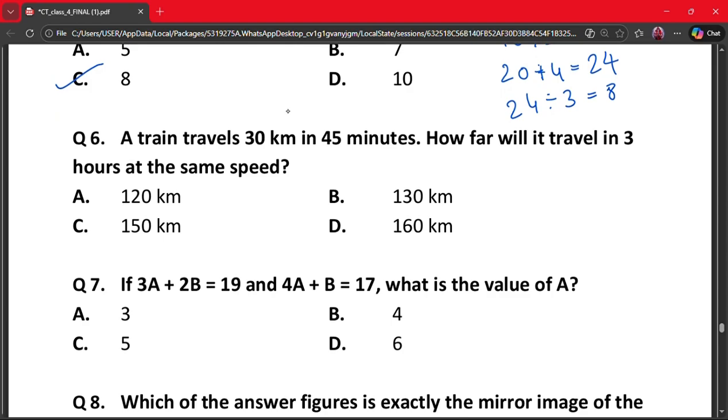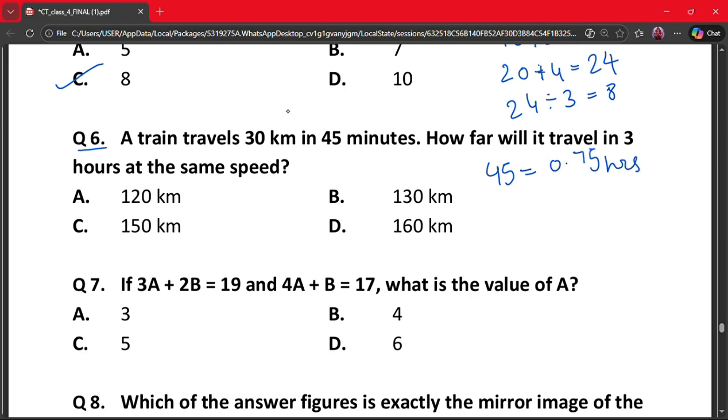Our next question is question number 6. A train travels 30 km in 45 minutes. How far will it travel in 3 hours at the same speed? A 120 km, B 130 km, C 150 km and D 160 km. So 45 minutes means 0.75 hours.